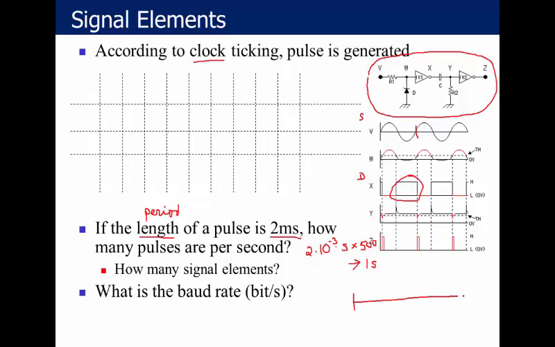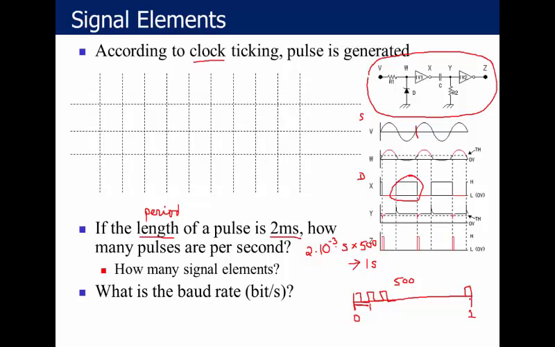So for example, this is a second, from 0 to 1 second. How many pulses can there be? 500 of these. Maybe from here is 1 millisecond, and from here is another millisecond. Therefore, this period is 2 milliseconds.